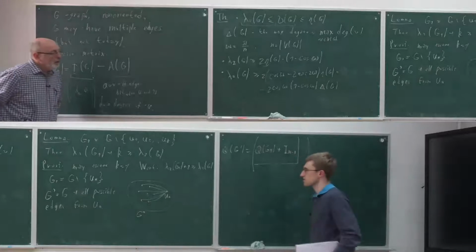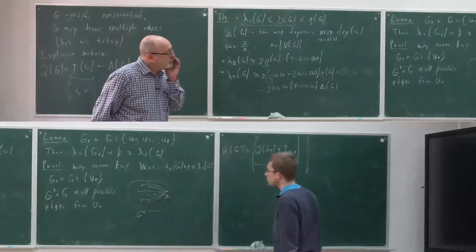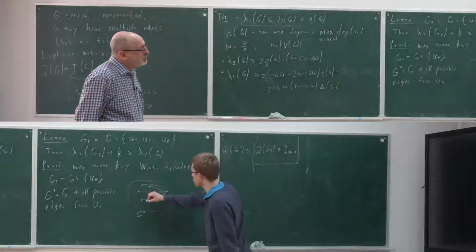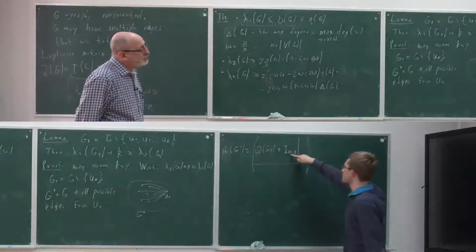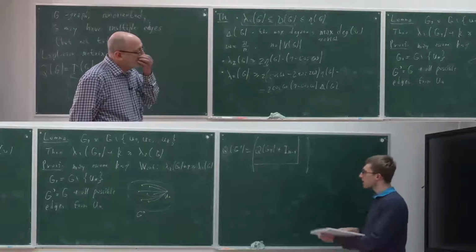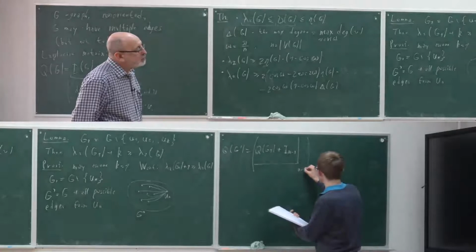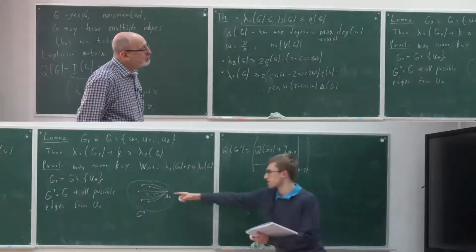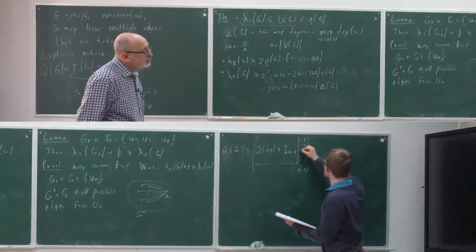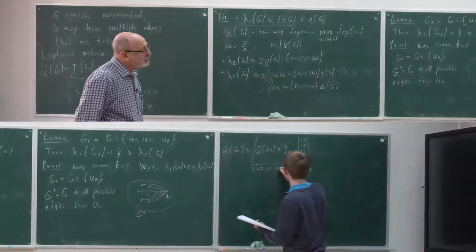Since if we remove UN, we have G1, and also all these edges give plus 1 to the degree of all these vertices. So we have plus the identity matrix. Here we have n minus 1, since the degree of this vertex is n minus 1. And here and also here we have just minus 1.